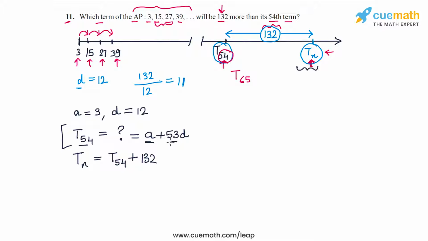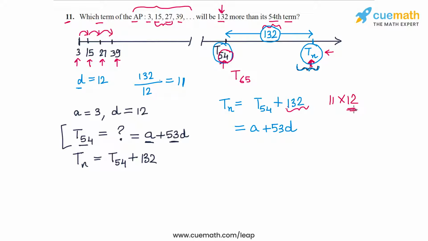So T54 is A plus 53D. This means that the nth term, whose position we are trying to find, is T54 plus 132. Now T54 is A plus 53D, and this 132 I'm going to write as 11 times 12.